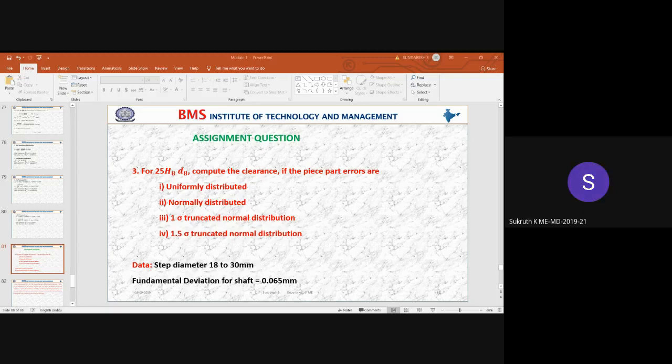Excuse me, sir. Yeah. Sir, in the last problem, for truncated 1 sigma, for minimum clearance I got minus 0.014, sir. How is it possible? Yeah. XA bar is 0.12, no, sir. Sorry. XA bar.